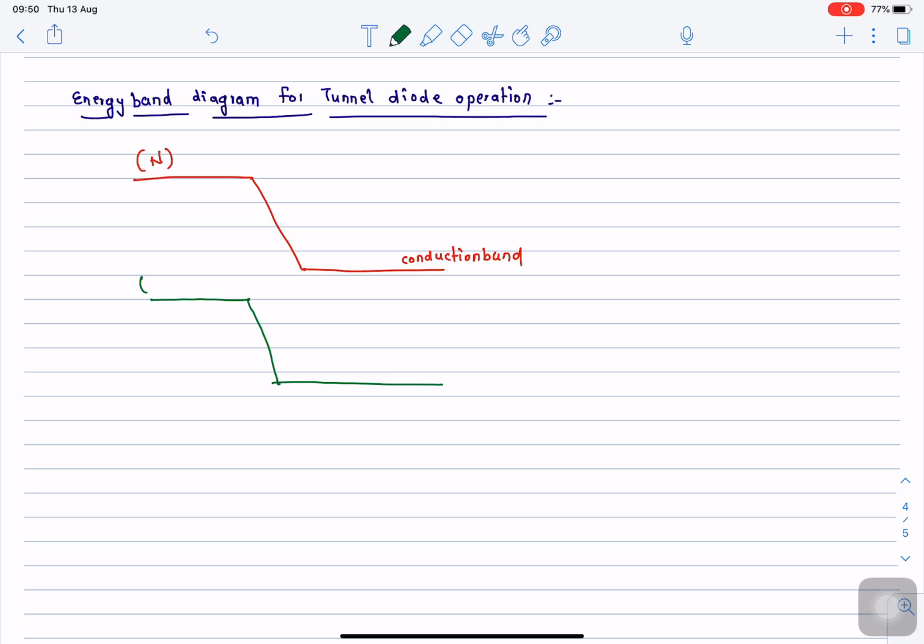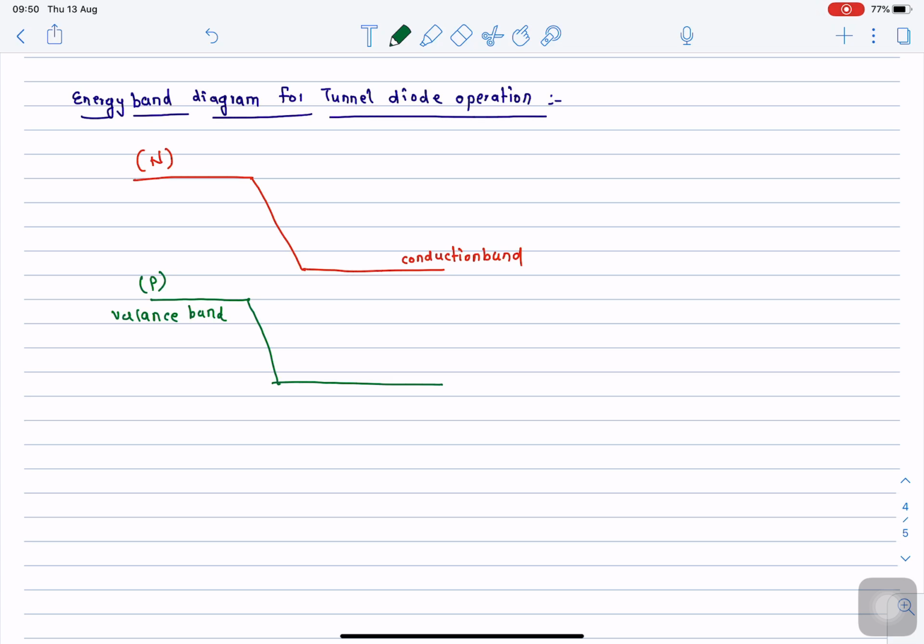Okay, so this is the p type and this is the conduction band, sorry, the valency band, right? The green color line shows the valency band and the red color line indicates the conduction band.